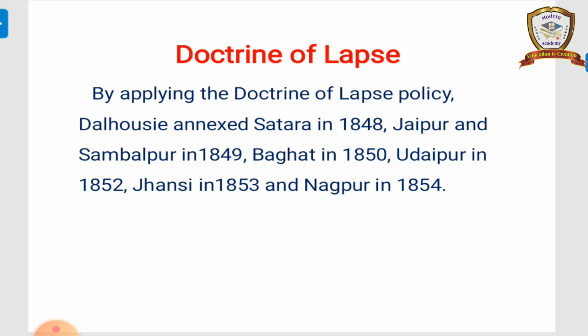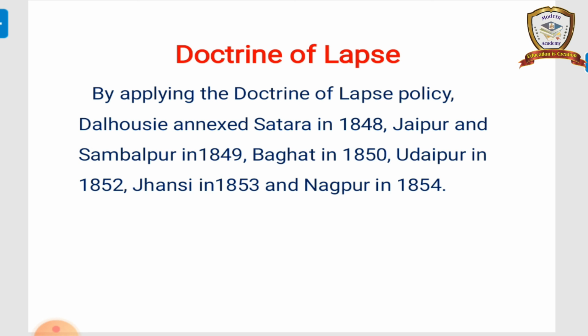If a king did not have a child of his own, and adopted one, the adopted child could not inherit the kingdom. The kingdom would go to the British paramount power. This principle is called the doctrine of lapse.